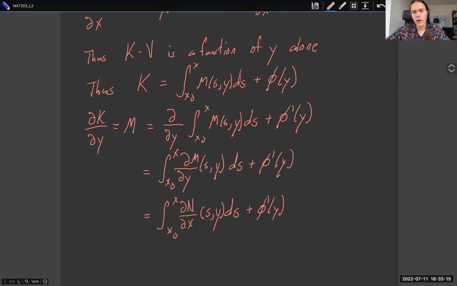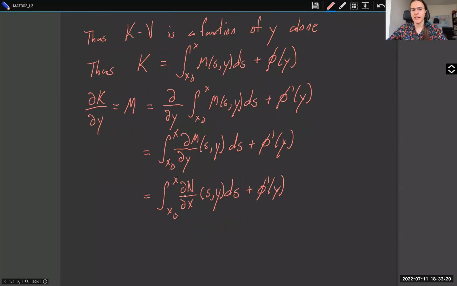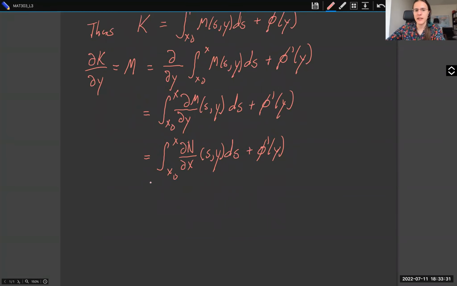And now, since y is just going to be fixed, we can treat y as a constant, and we can treat this as a derivative with respect to x of this expression, treating y as constant, right? And now the fundamental theorem of calculus applies. So what is this quantity going to equal?